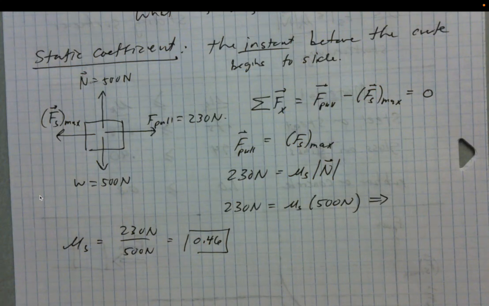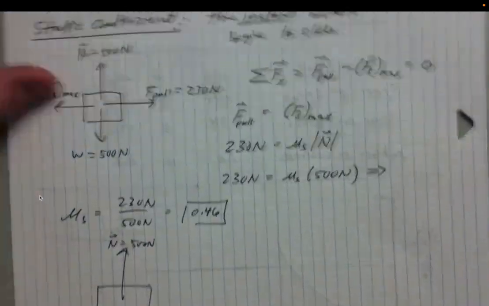Now, how does it work for the kinetic coefficient? Well, very similarly. Let's take another free body diagram here. I've got, again, the normal force, 500 newtons, and that's opposing the weight of the object, 500 newtons.